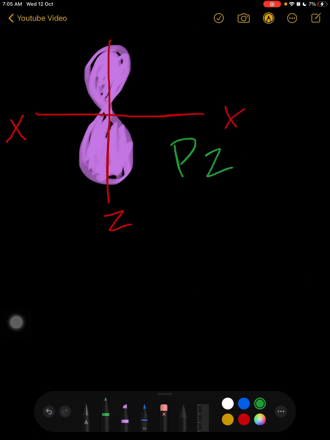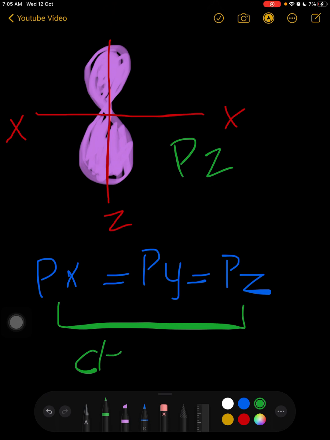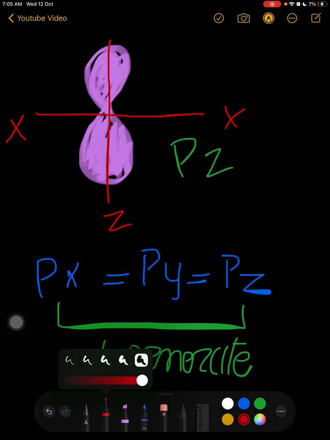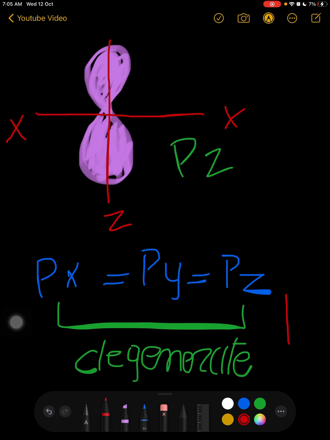Now let's discuss one important thing: px, py and pz are degenerate. What does this mean? These are known as degenerate orbitals. Degenerate means having the same energy.